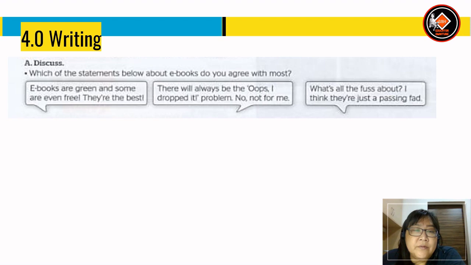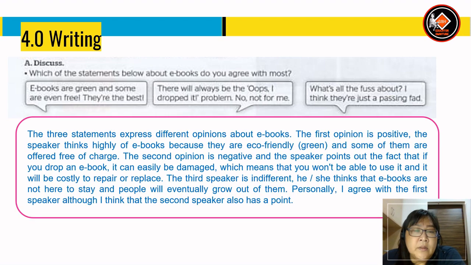So for example, you can say, the 3 statements express different opinions about e-books. The first opinion is positive. The speaker thinks highly of e-books because they are eco-friendly or green, and some of them are offered free of charge. The second opinion is negative, and the speaker points out the fact that if you drop an e-book, it can easily be damaged, which means that you won't be able to use it and it will be costly to repair or replace.